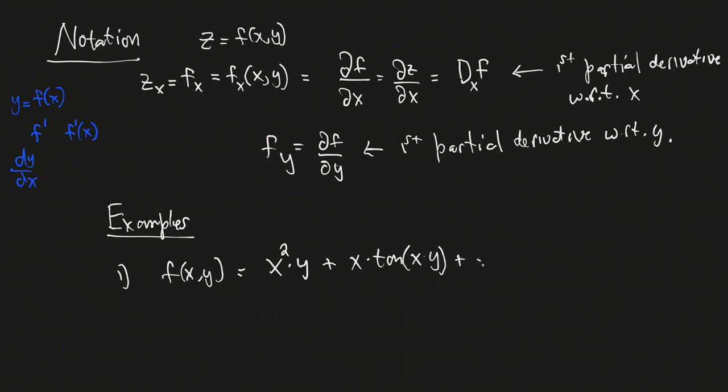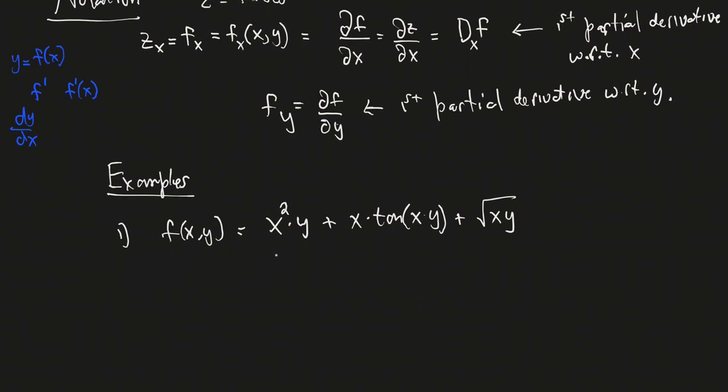And then plus the square root of xy. All right. So there's our function, and let's go ahead and compute the first partial derivative with respect to x, with respect to y, and I'm going to use our Leibniz notation, or what looks like our Leibniz notation, just to get more practice with it.